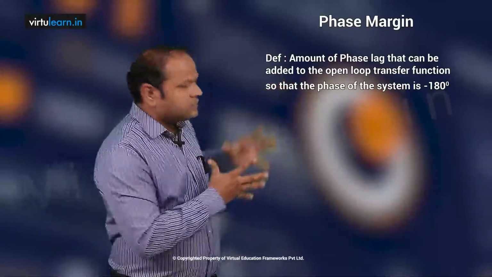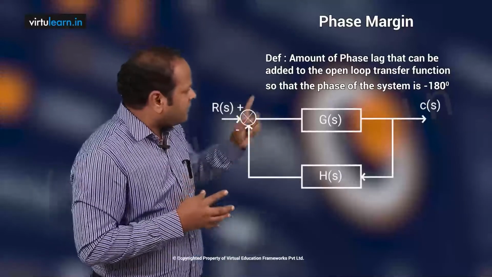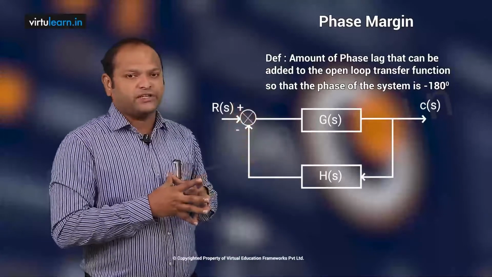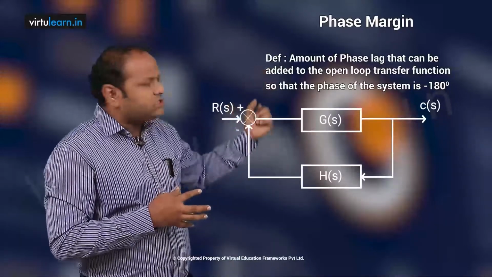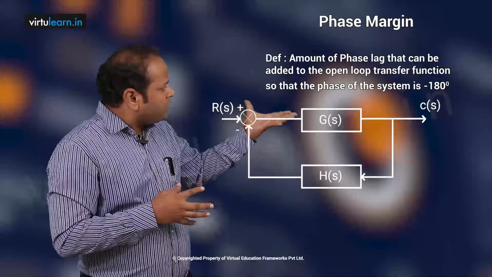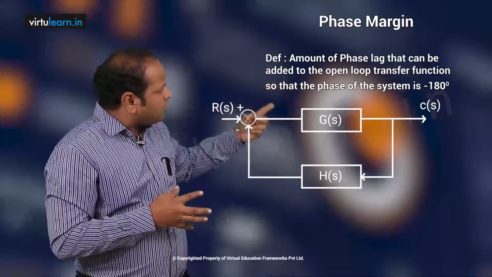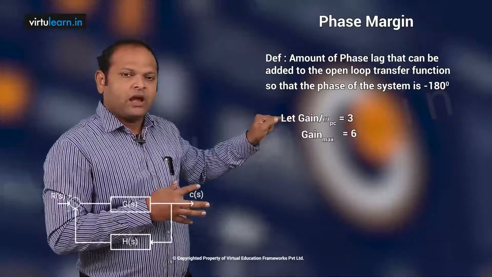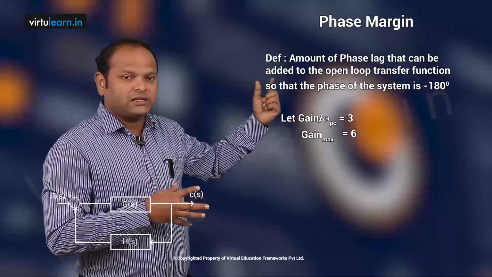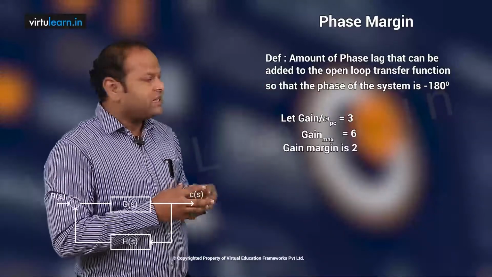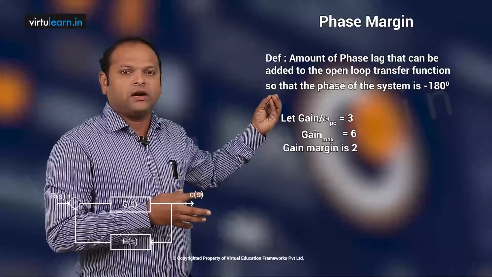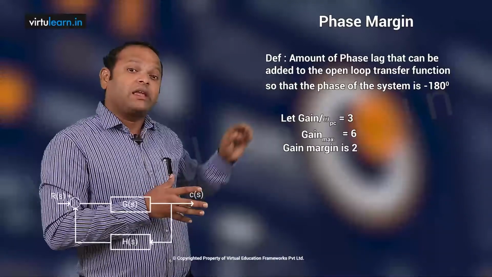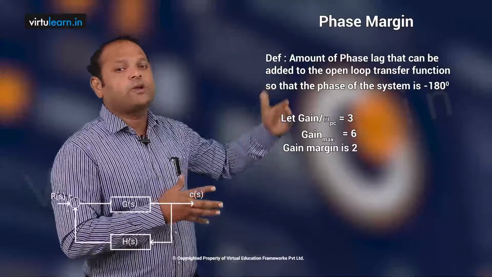So when you look at this closed loop transfer function, this is G of s, this is H of s, and the loop transfer function is GH. Let us say the total gain of the system at phase crossover frequency is 3 and the maximum allowable is 6, then gain margin is 2, which means if we add any element or component in the loop as a compensator or controller, the gain of such element should not be greater than 2.